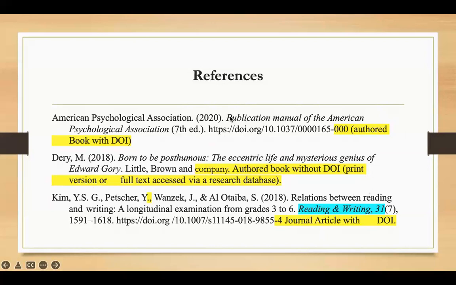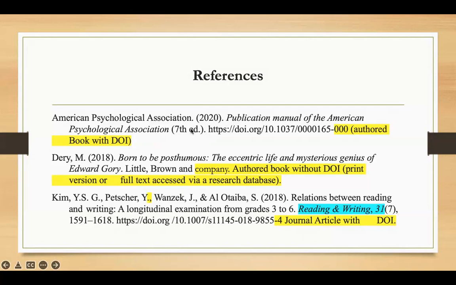Ensure that only the keyword, the first word here, begins with a capital letter. The rest of the words are in small letters, for this is the header. Make sure that for a book, this is in italics, and only the first letter is capital, the rest are small letters. And then 7th edition, when you have ed with a small e and d, this is edition.